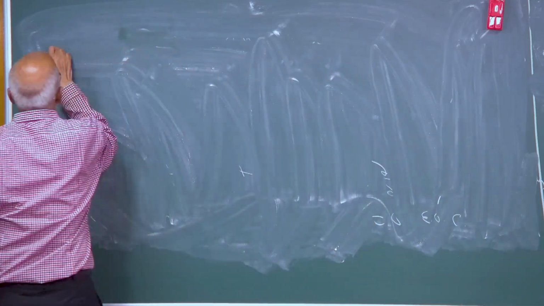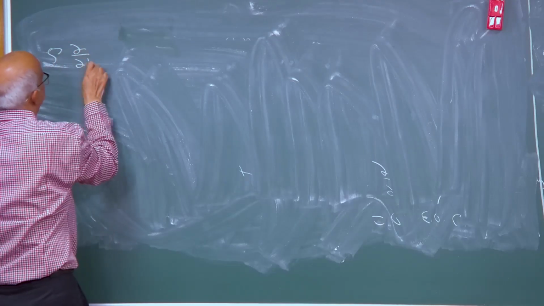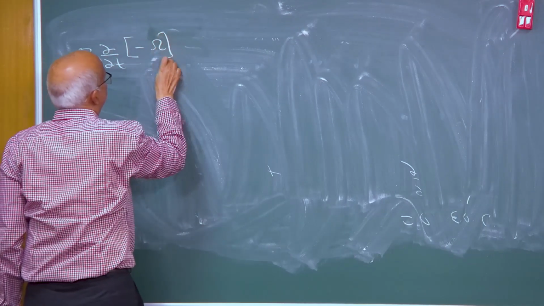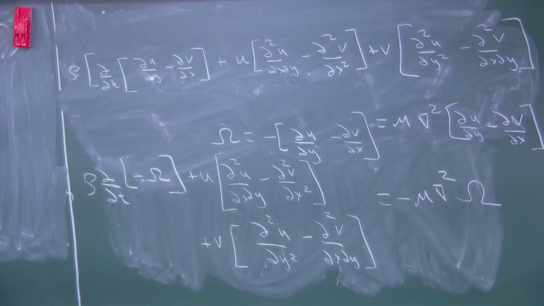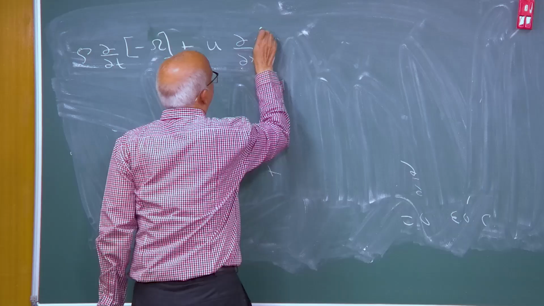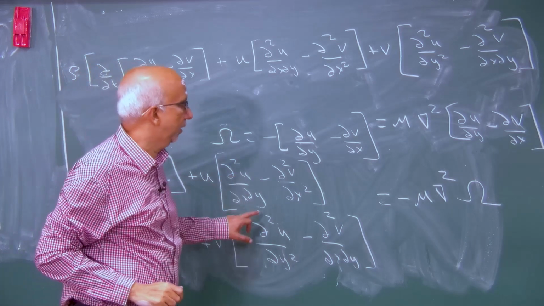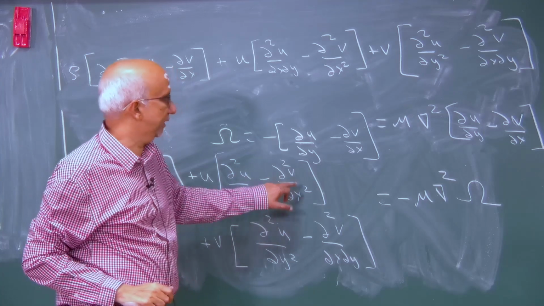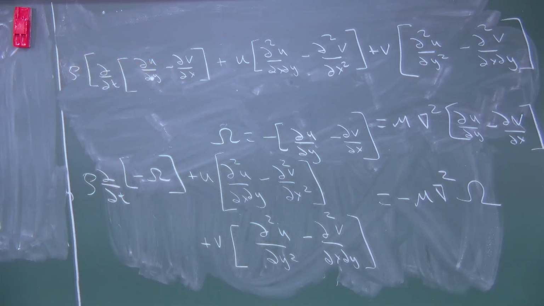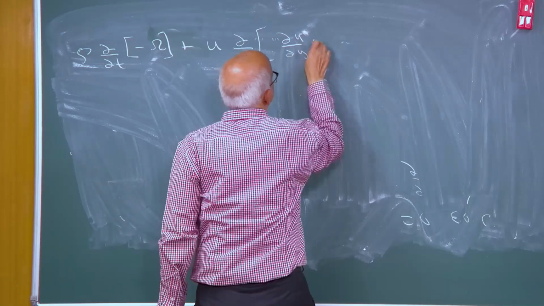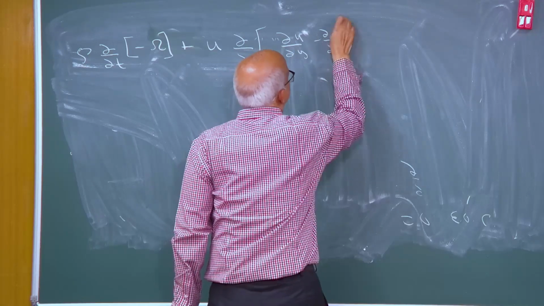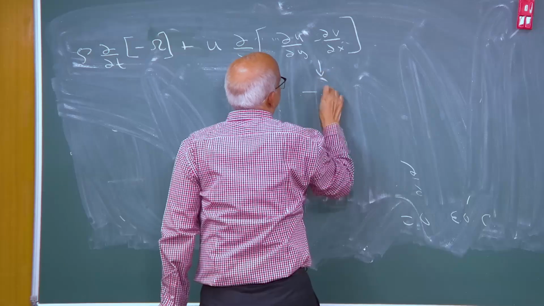I have rho times d by dt of minus omega, plus u times, factoring out d by dx, du by dy minus dv by dx, and this again is minus omega.